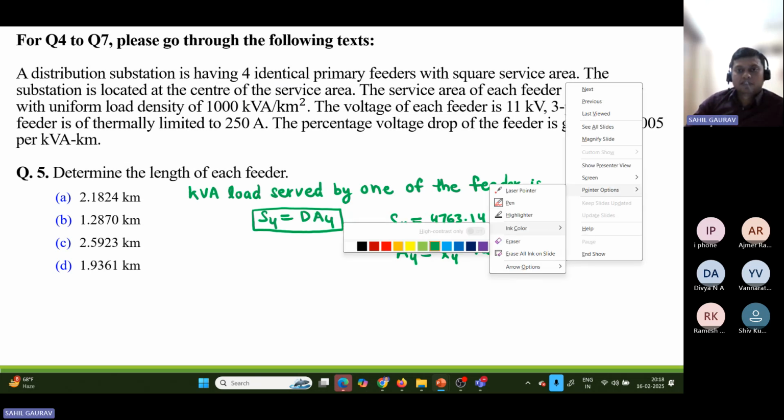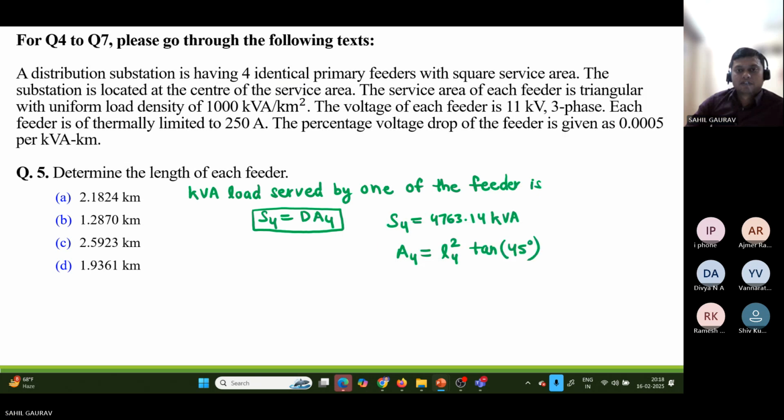If you remember, the general expression for An is An equals L n squared tan(360 degrees / 2n). If you substitute n equal to 4, you will get this expression. Now everything is known.